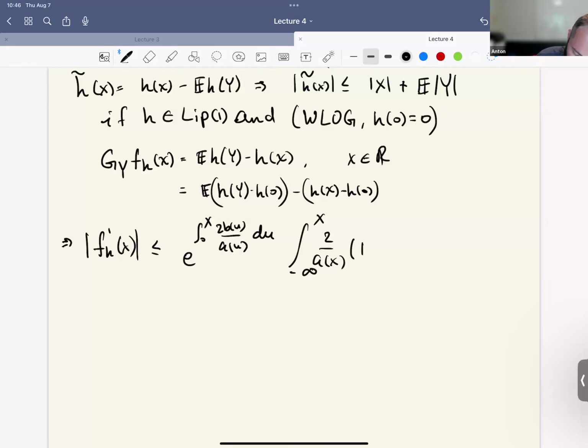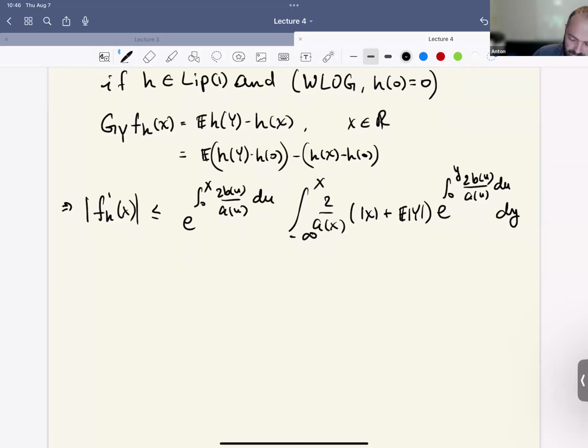Now we have absolute value of x plus expected absolute value of y, E0y, 2B of U, A of U, du, dy. Okay, so now I've given us a concrete problem to bound.